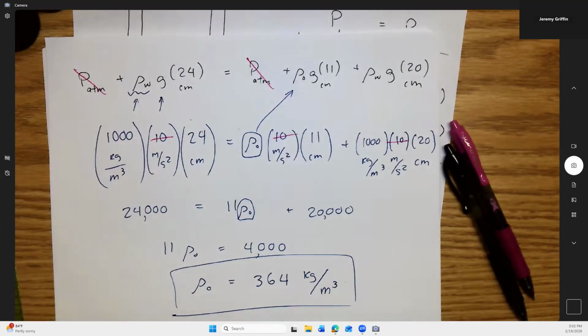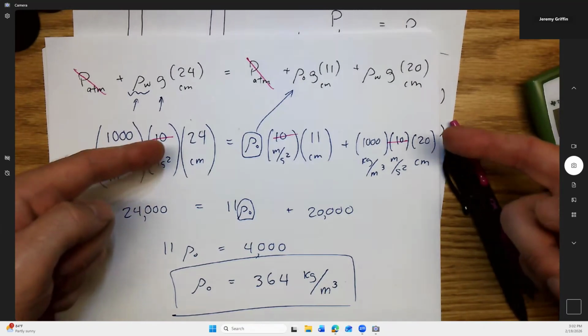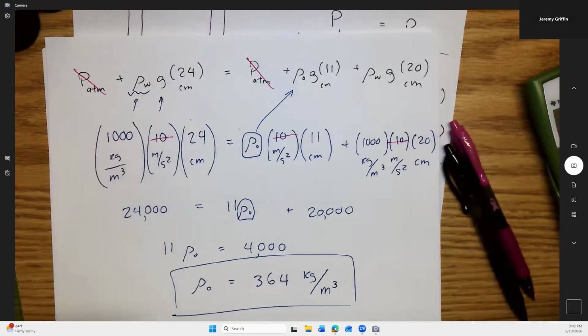Yeah, different ways to finish this off. You could have converted these centimeters to meters and gotten actual pressure values in pascals. That would have been a different way to algebraically go through it. But regardless of the process, you should get that value for a density of oil.